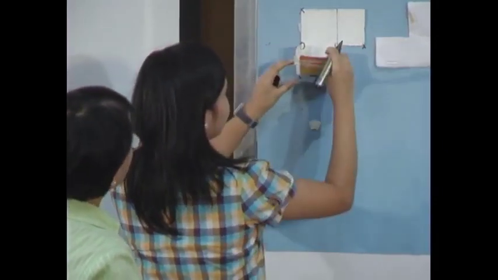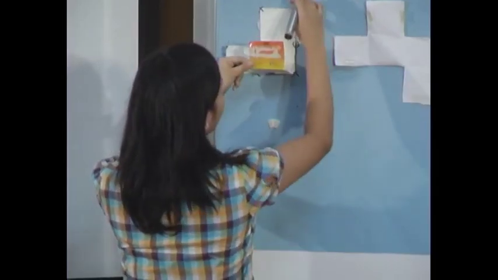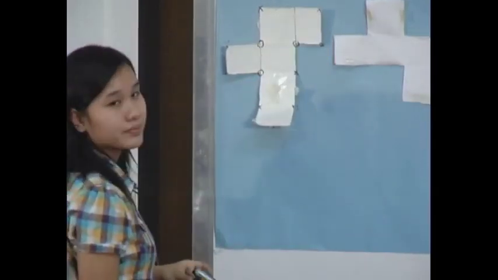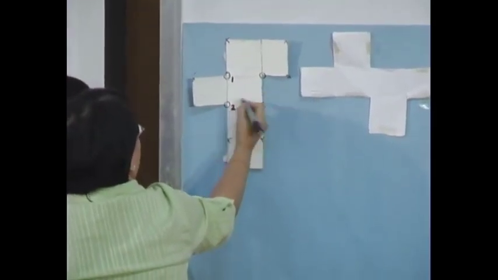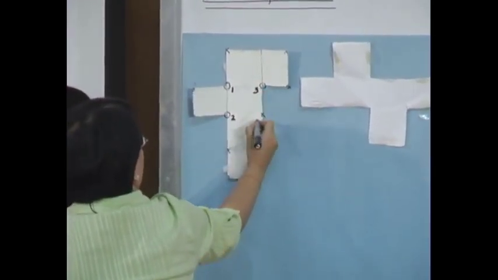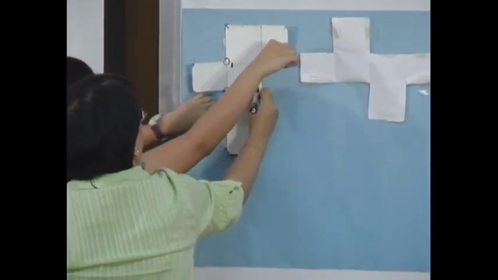You have so many X's. Can you just place 1, 2, 3, 4, 5? So if you have 4, for example, let's try to write. This is 1, this is 2, 3, this is 4.